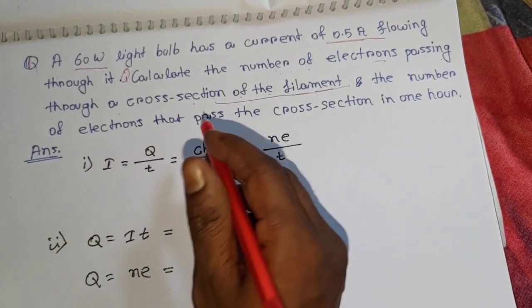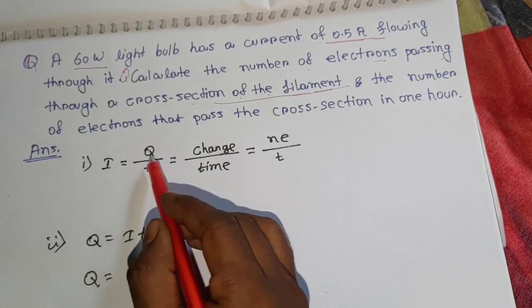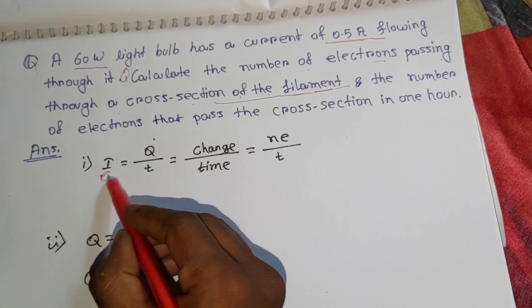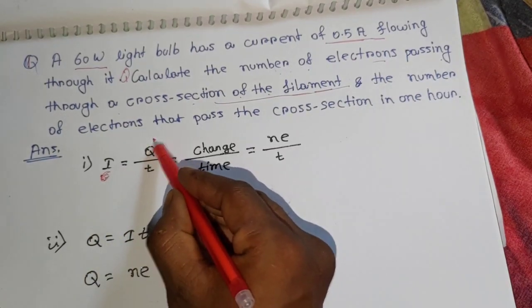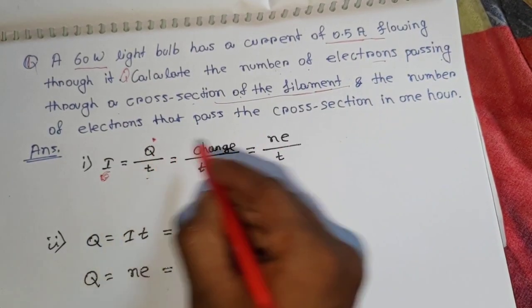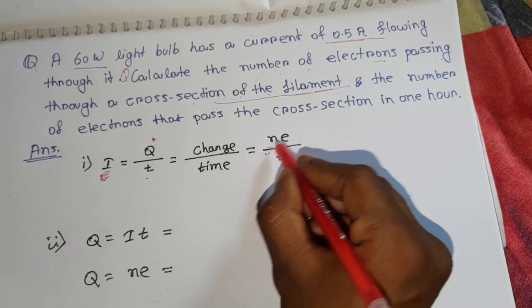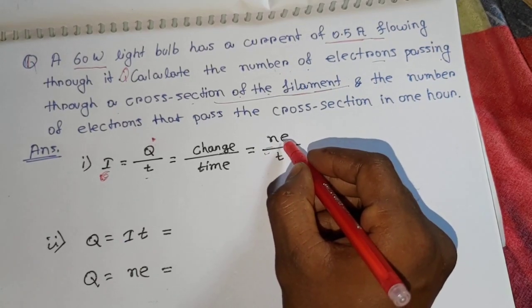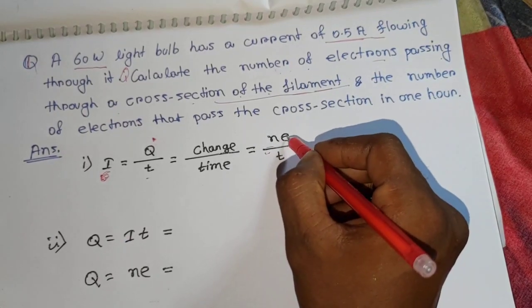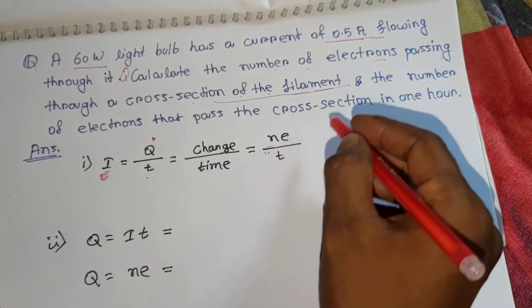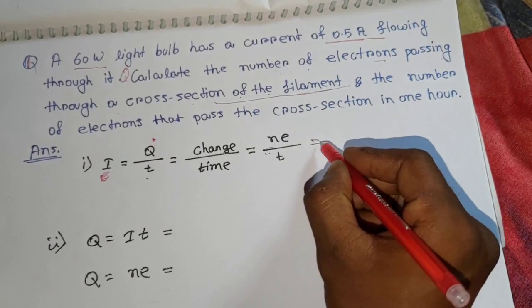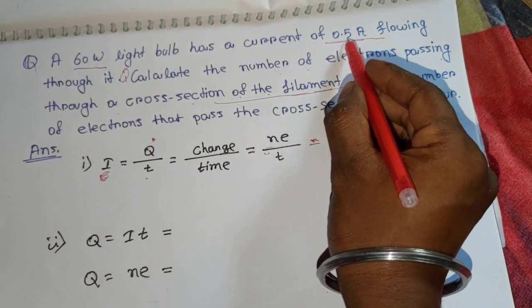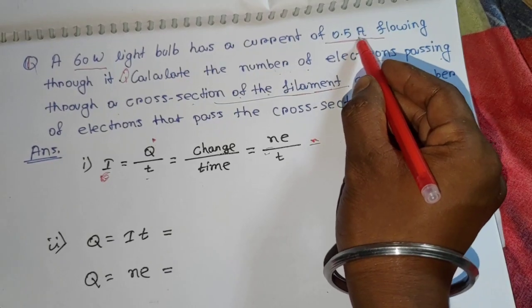We know I is equal to Q by T. I is the current, Q is the charge, T is the time, and Q can be written as N into e, where N is the number of free electrons and e is the charge of one electron. Everything is given now.